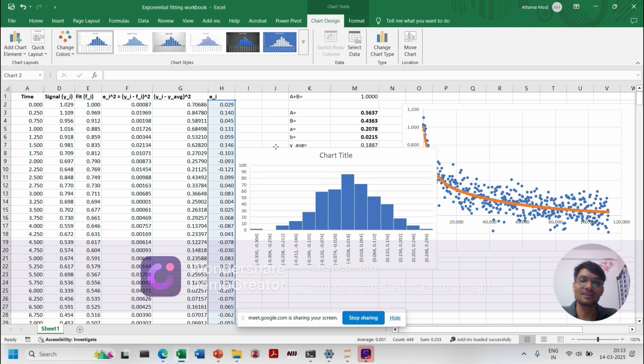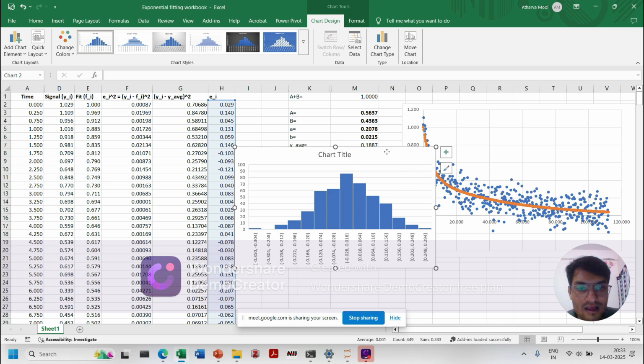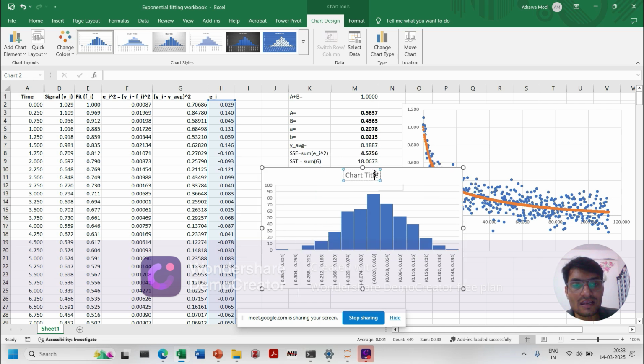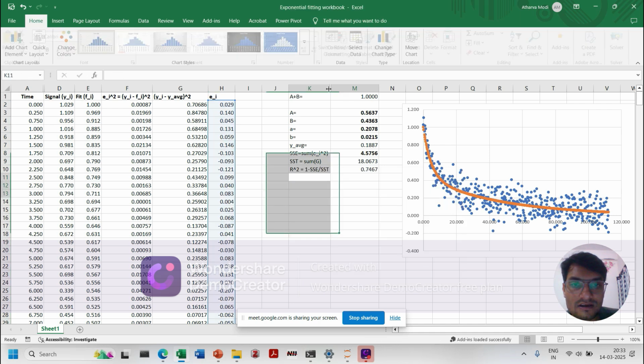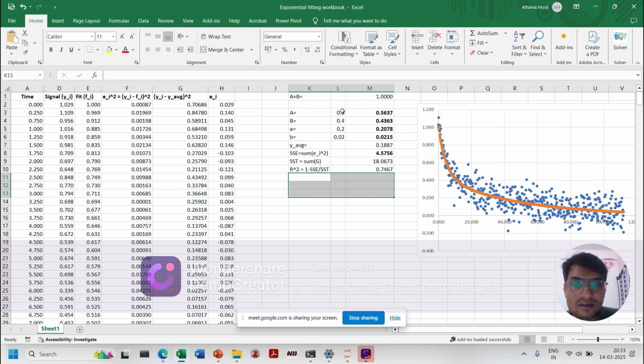This histogram looks perfectly normal, and this is because of the signal I have chosen. These are the true values for the signal: 0.6 times e to the power minus 0.2t plus 0.4 times e to the power minus 0.02t, and I have added normal noise to that. That's why you get the residuals as perfectly normal, and these are our estimates.